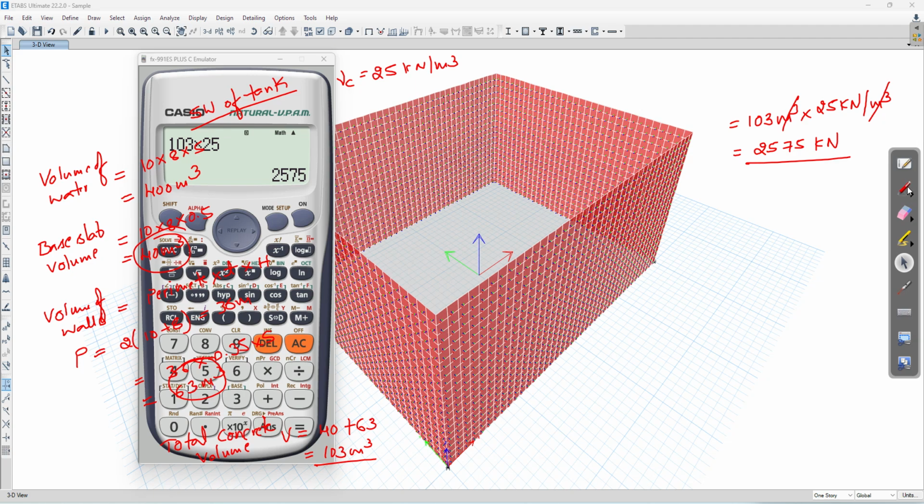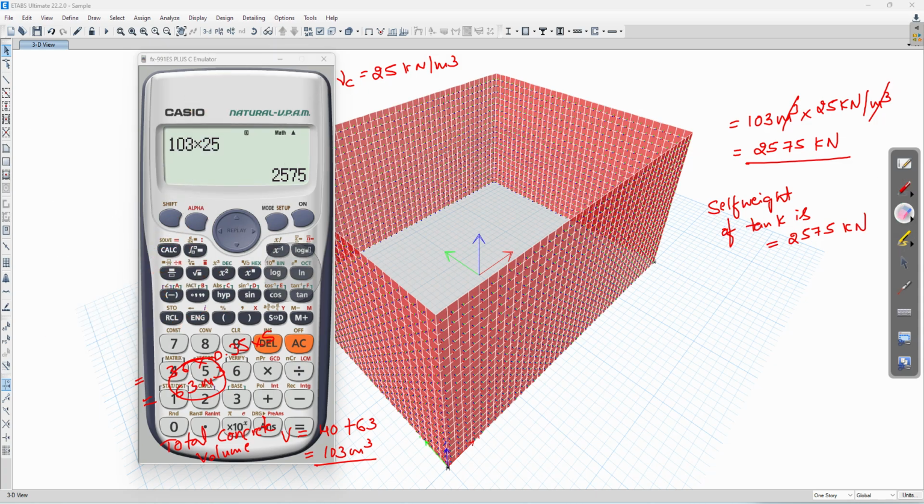So your self weight of the tank is 2575 kilonewton.